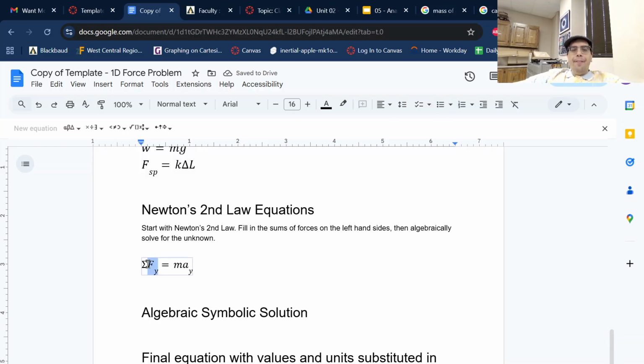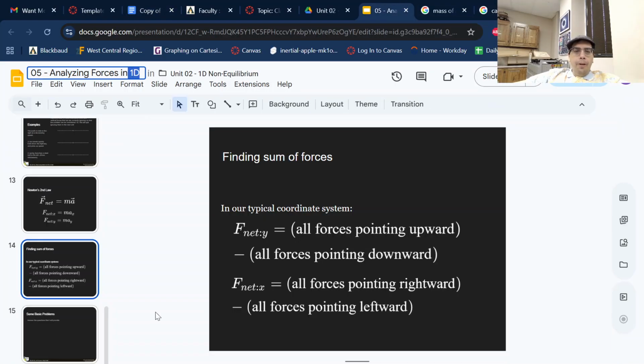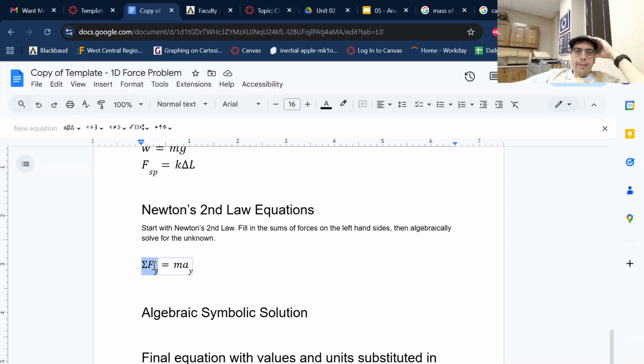And the left-hand side of this equation, I wrote it out like this on our slides last time. If we're talking about the net force in the y direction, which by the way, this is just another way to write the net force, because what does the sigma symbol mean? Sum. Exactly.